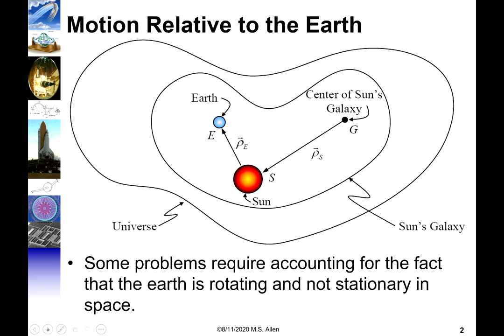Now everything moves, and so it's hard to say where we can establish a reference frame, but for the purpose of this class, let's just consider a couple things. The Sun is part of a galaxy, the Milky Way galaxy, and so if we knew where the center of that galaxy was, we could say that the Sun is tracing out a circular path through that galaxy. I guess we don't know that it's exactly circular, but it's roughly circular, the path that the Sun's taking.